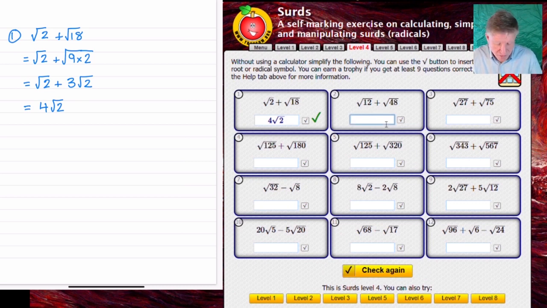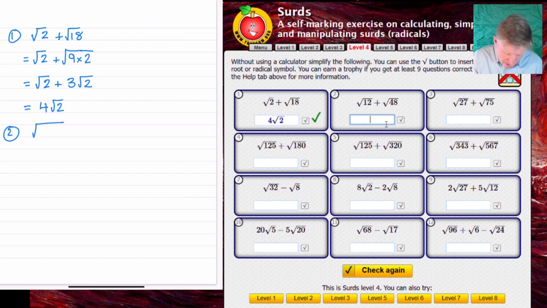Okay, let's have a look at this one. Number 2. Root 12 plus root 48. I can see some square numbers that are factors of these two numbers, 12 and 48. See if you can spot them before I do it.